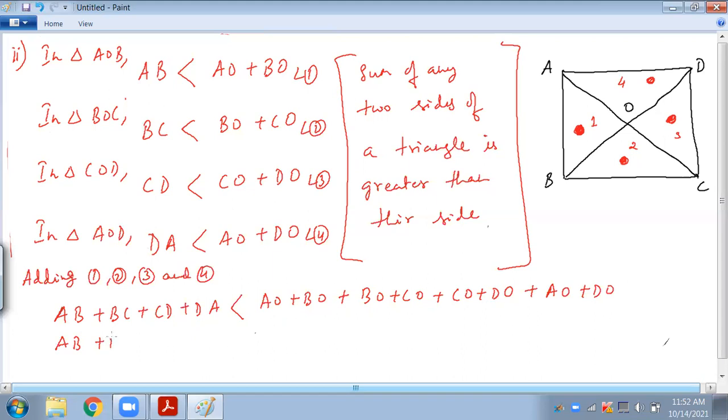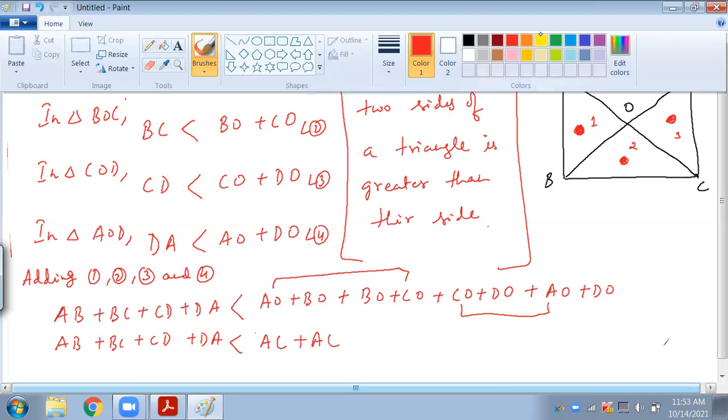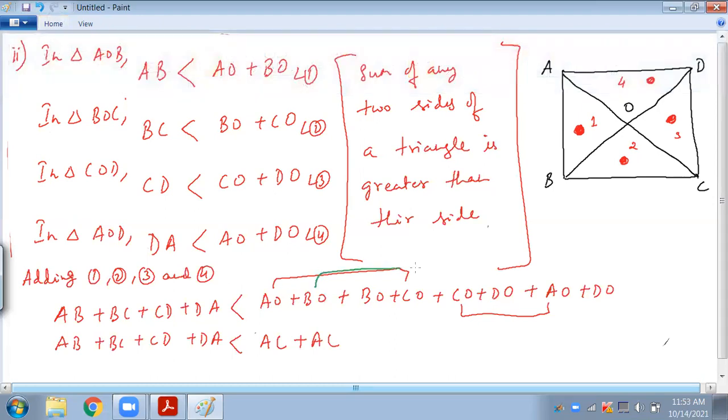So we're getting AB plus BC plus CD plus DA on the left, and on the right hand side we get AO plus OC, which is AC, plus again AO plus OC which is AC, and BO plus DO is BD, plus again BO plus DO is BD.